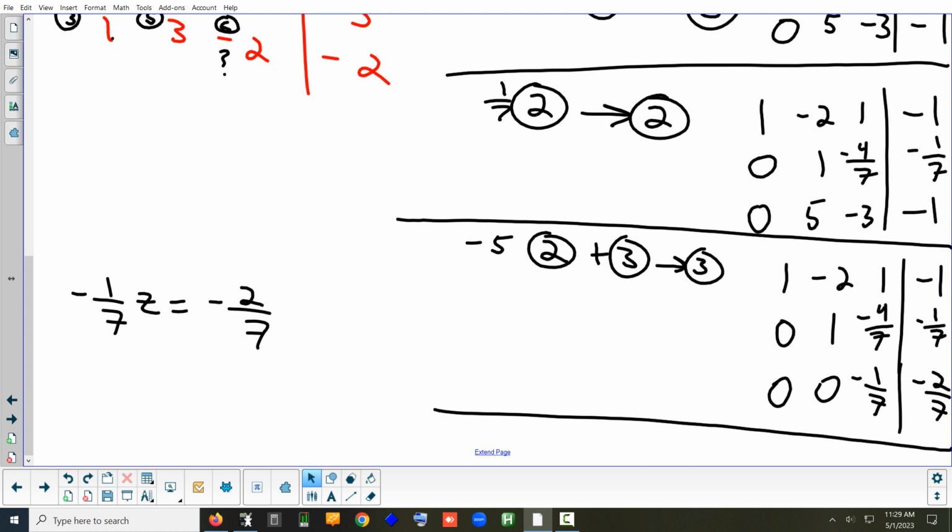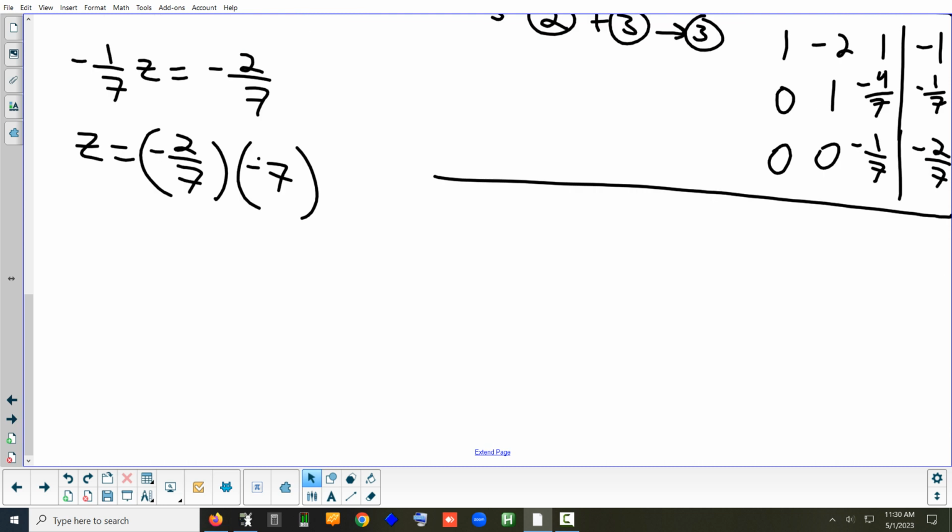This is an equation now with only one variable in it that I can solve and get z. What would you multiply each side by to get z by itself? Negative 7. So you'd have negative 2/7 times negative 7. Well, negative times negative is positive. And what do you get for z? 2. So now we know z is 2.